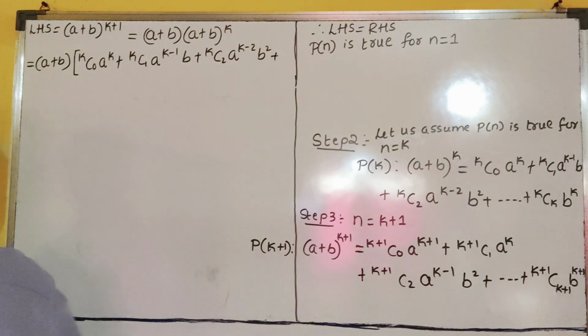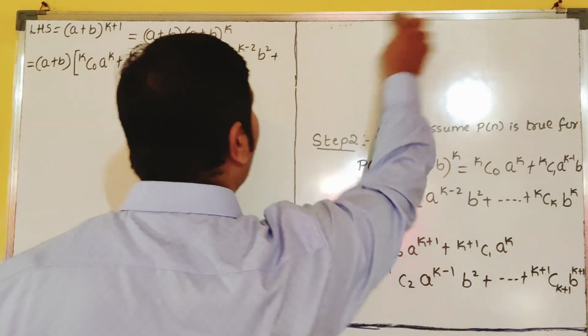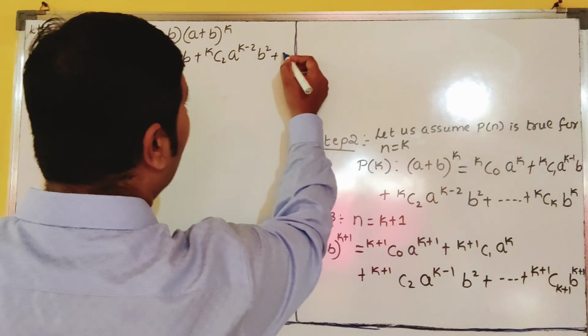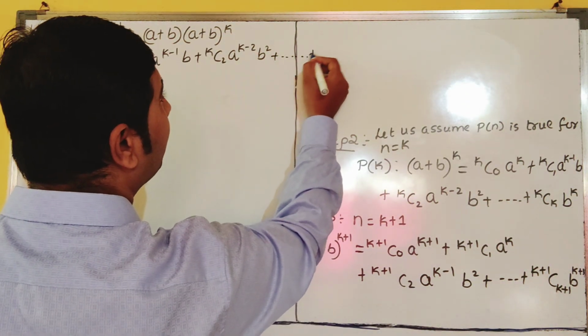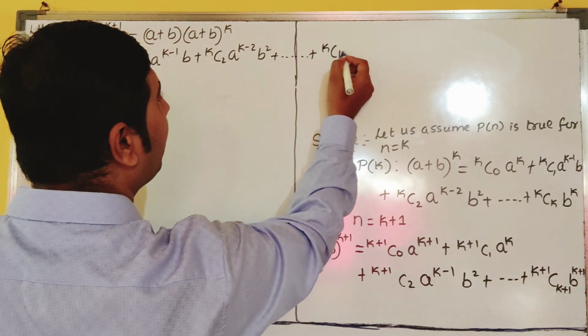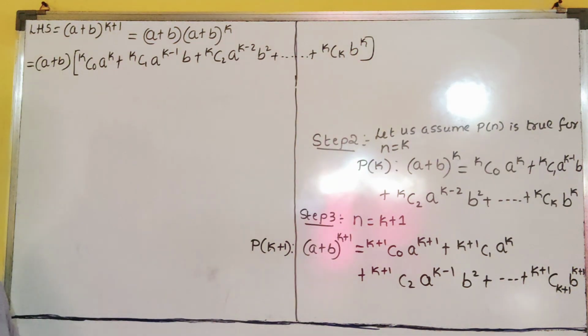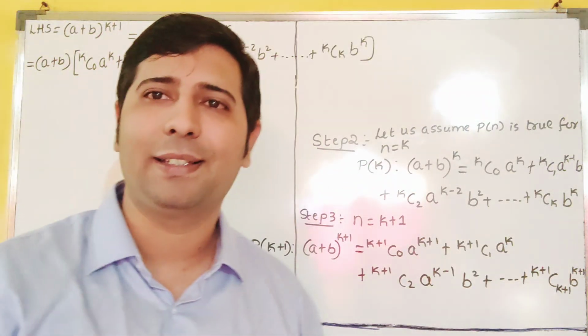I will erase this side also. The above one, I hope you have copied this. So on up to where? k c k b raised to k. Clear everyone? I hope everyone has understood this.